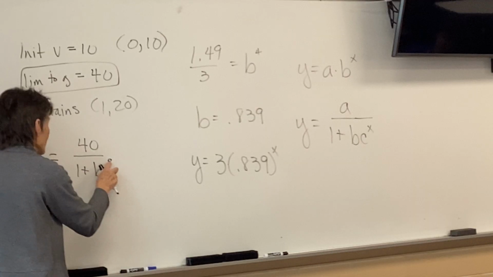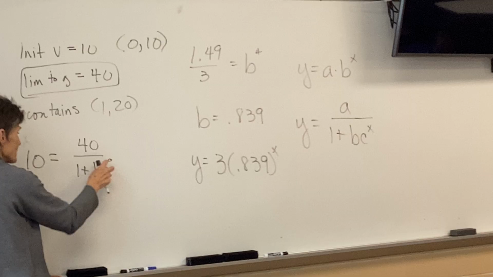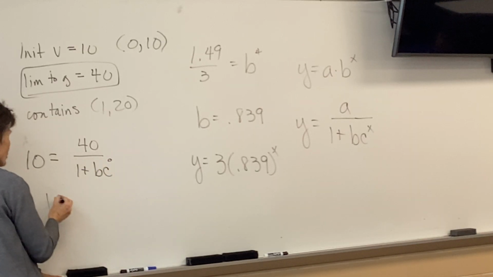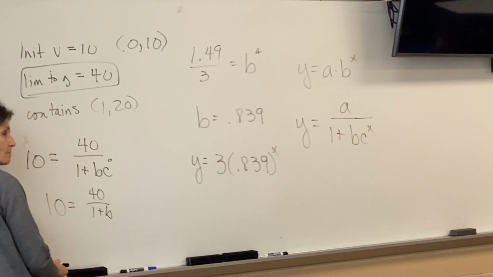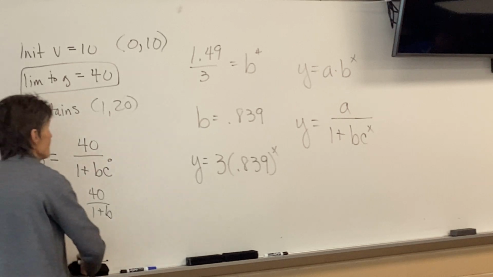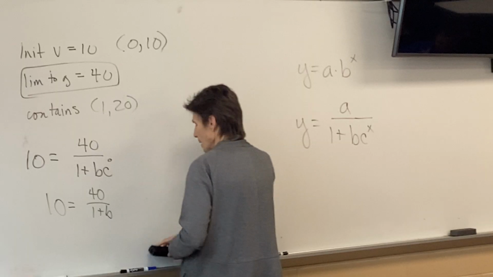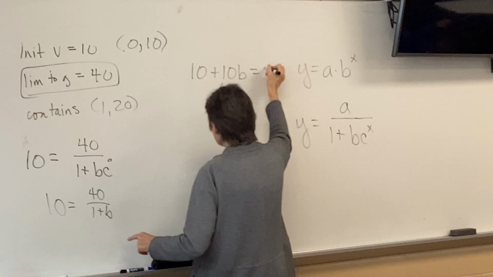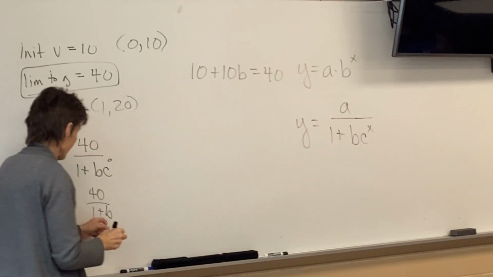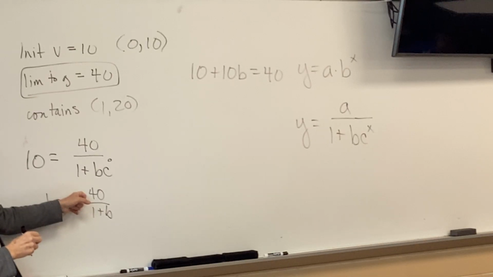And I know that if I plug in 0 for x, I get 10. What's c to the 0? 1. So isn't this just 10 equals 40 over 1 plus b? Is that solvable? Yeah. So I multiply, and I get 10 plus 10b equals 40.